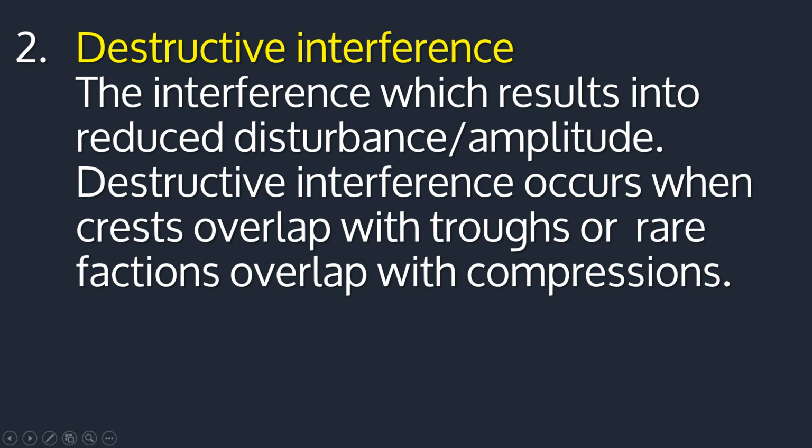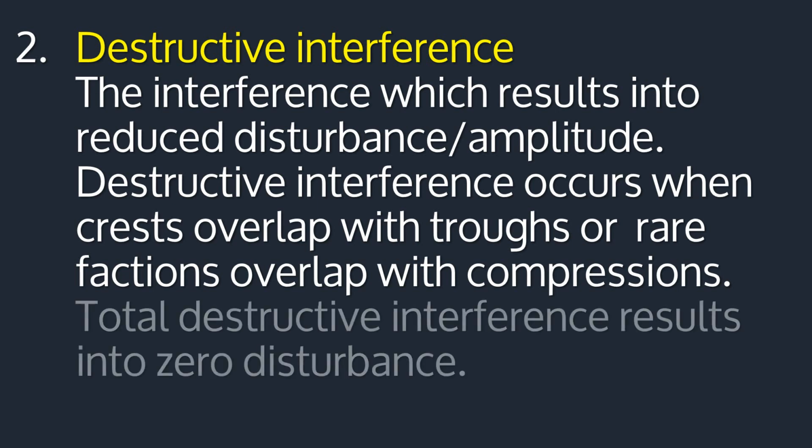But you can say in other words that destructive interference is a type of interference which occurs when crests overlap with the troughs of coherent waves. Okay, you have crests overlapping with troughs, and they must be of coherent waves. So you can have rarefactions overlapping with compressions.